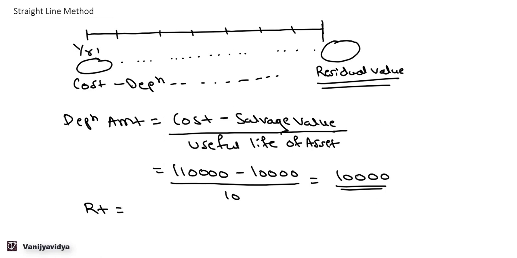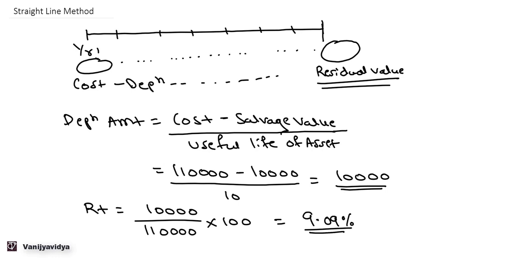Rate of depreciation is your depreciation amount divided by cost, that is 10,000 divided by 1,10,000, into 100. That comes to 9.09%. So depreciation is charged at 9.09% of 1,10,000 every year till the period of 10 years.